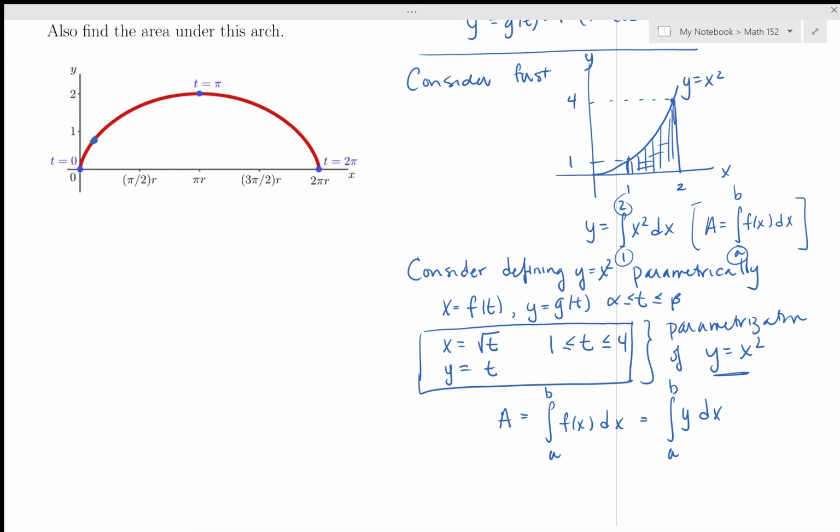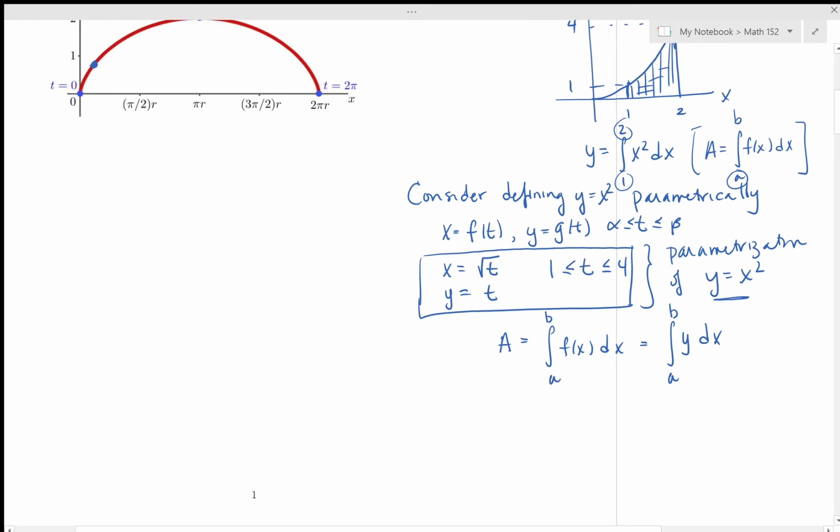Now I want to point out that y is equal to g of t. That's that y right there. And then what is dx? I have that x is equal to f of t.